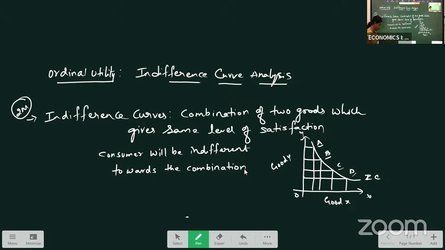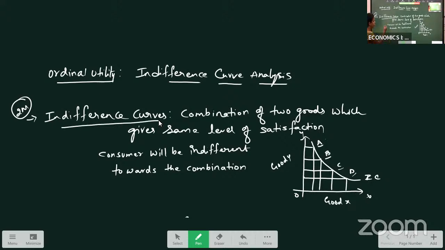Because whichever of A, B, C or D you take, you get the same level of satisfaction. When you are getting the same level of satisfaction, which one will you choose? Anything you can choose. That's why the consumer will be indifferent towards the combination. This is called indifference curves.